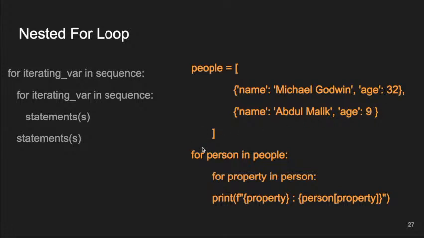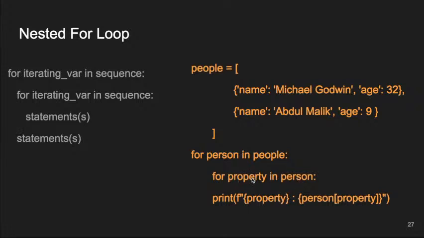So if you are looping, you can write a nested loop like this: for person in people. When you do that loop, what you'll be getting is this dictionary, and then this dictionary. So person at this point is one of these dictionaries. Then you can now say for another variable in person, then you want to get something.